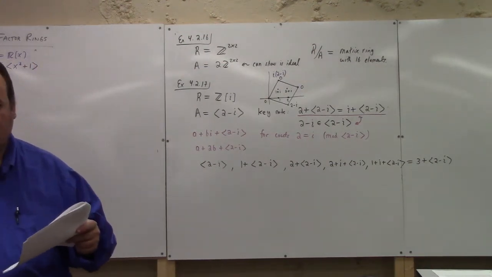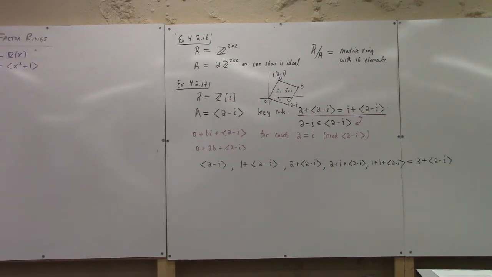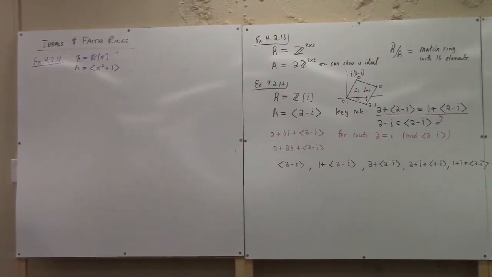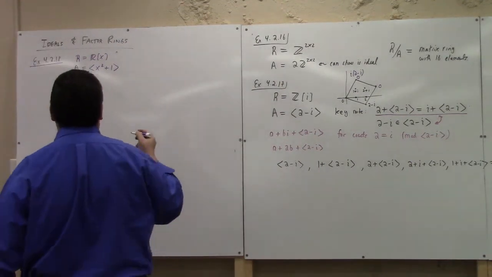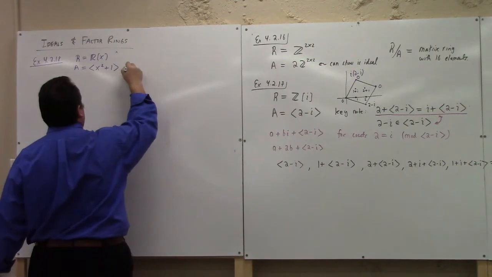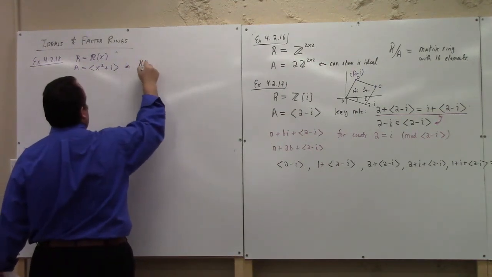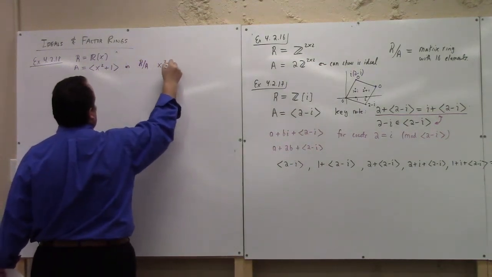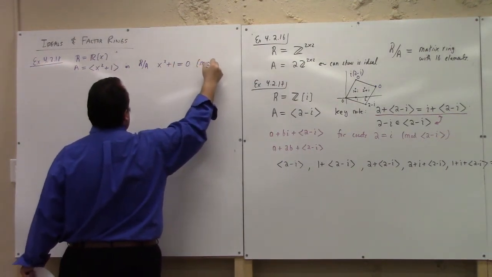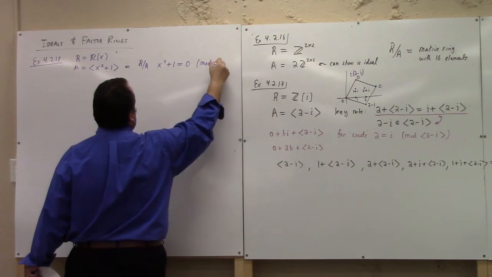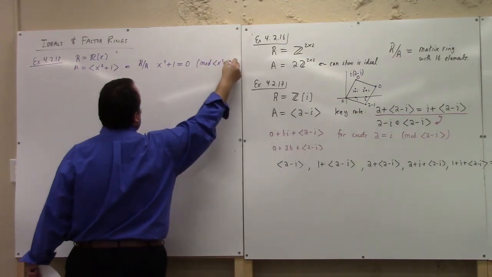What this means is that in R mod A, x squared plus 1 is like 0. I could say mod x squared plus 1 if you want to use that kind of language.